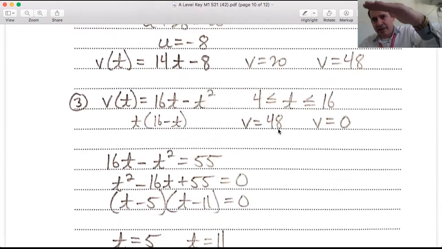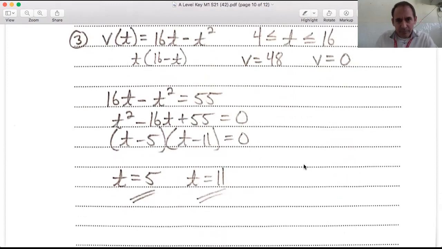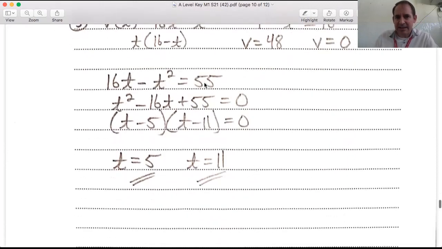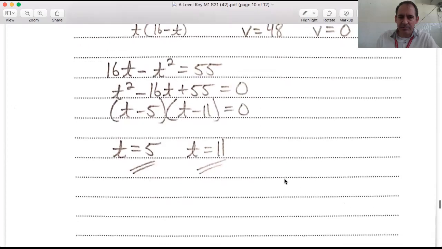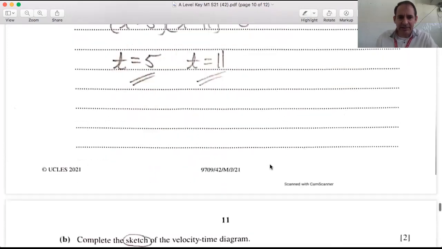It keeps going up and then it will go down until it hits 0. So the 55 is going to be in this section here because it's a downward facing parabola. So change this into a quadratic, factor it, solve for 0. The 2 points at which it's going 55 meters per second are at 5 seconds and at 11 seconds.